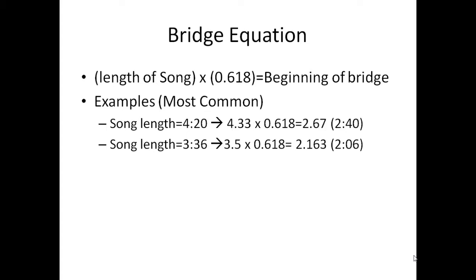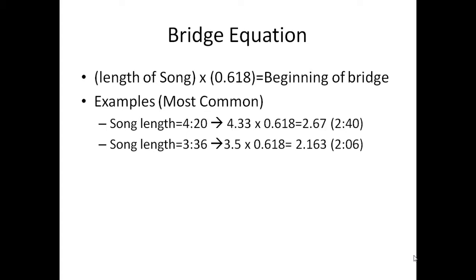So 4 minutes and 20 seconds would be 4 minutes and 1/3 of a minute, so it'd be 4.33 as a value. 4.33 minutes times phi 0.618 equals 2.67. Again, 2.67 means 2 minutes and 2/3 of a minute, so 2 minutes and 40 seconds, and that is where your bridge should come in for a song that is 4 minutes and 20 seconds long.